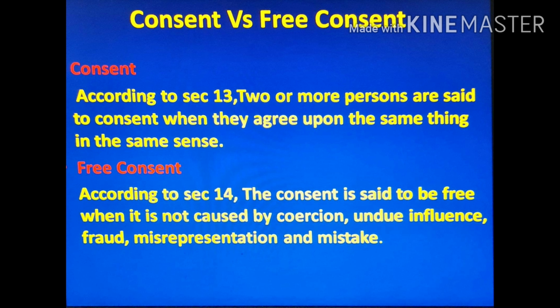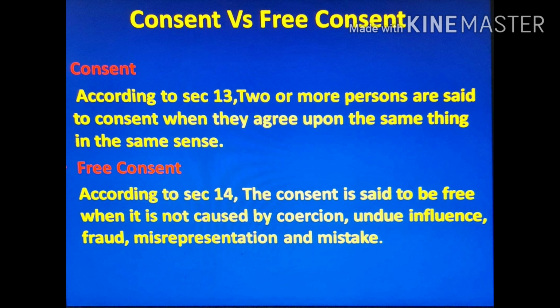If these defects are not there, the consent is said to be free and genuine and deemed to be forming a valid contract. Now let us explore these flaws or defects of consent in detail, because each flaw has got its own definition in law as well as its own significance in determining the validity of consent and of course thereby the validity of contract.